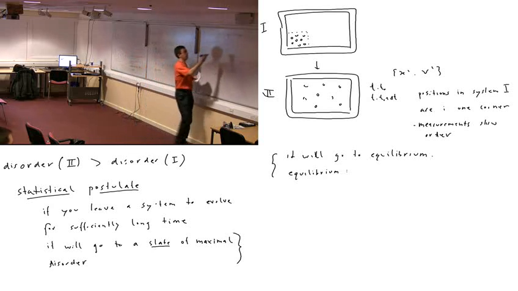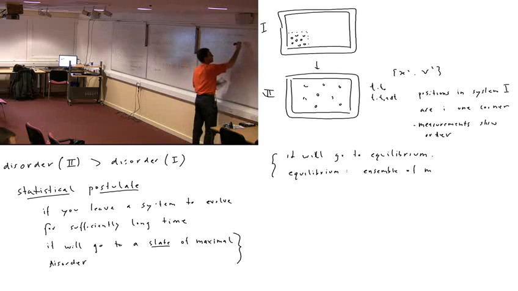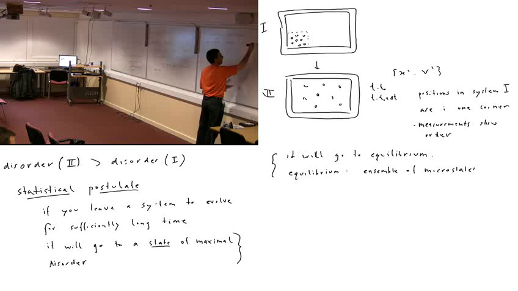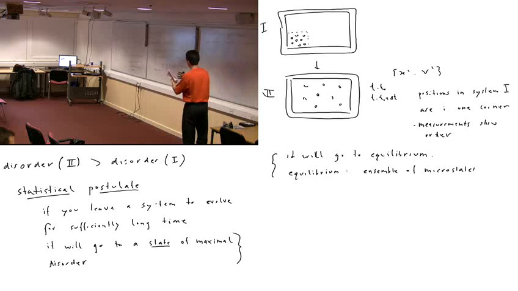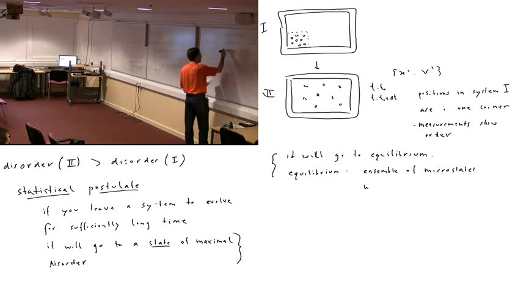So equilibrium is an ensemble of microstates, where by microstates I mean one particular set of positions and velocities for these molecules. So equilibrium is an ensemble of microstates with maximal disorder.